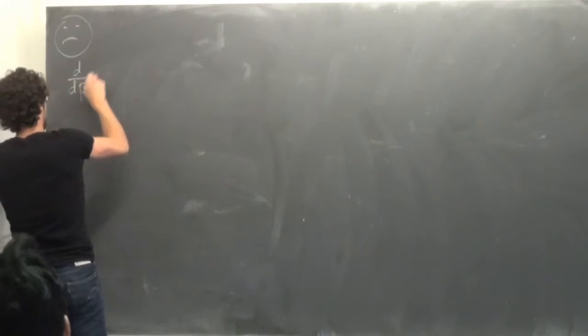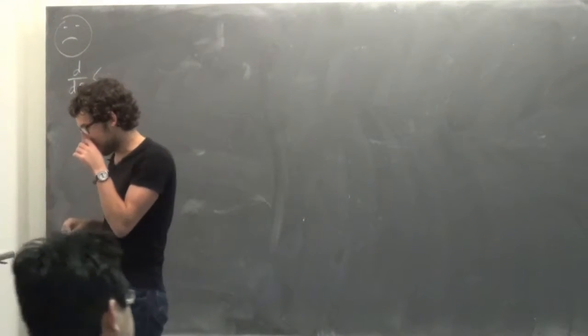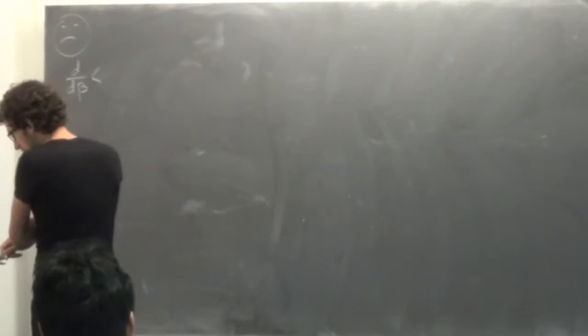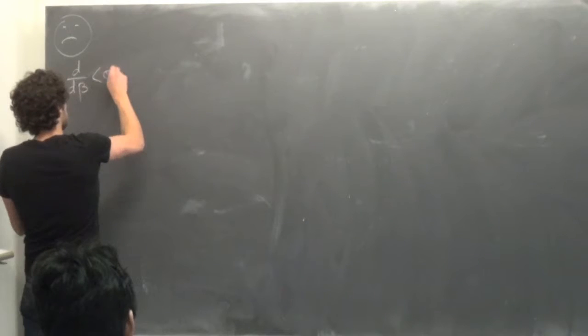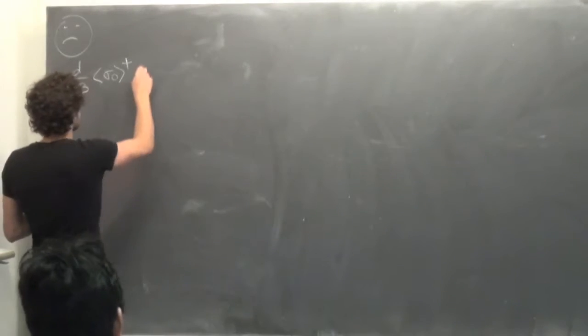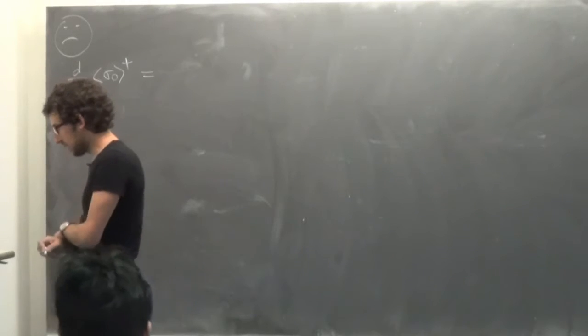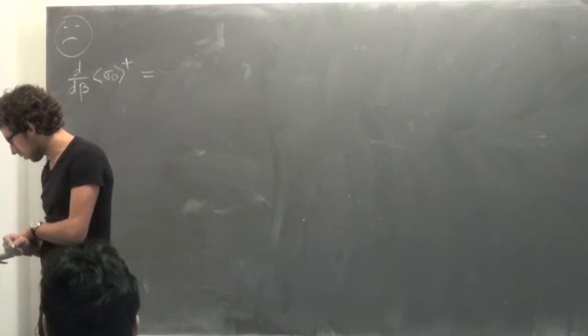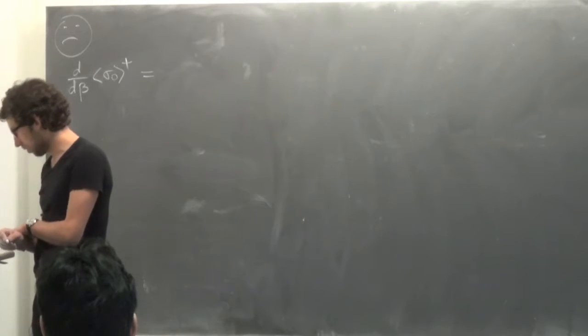So, how do we write the derivative? Let's start with the derivative of just sigma 0. And same thing, do I ignore the h? I'm going to ignore the h. Yeah, it's better.